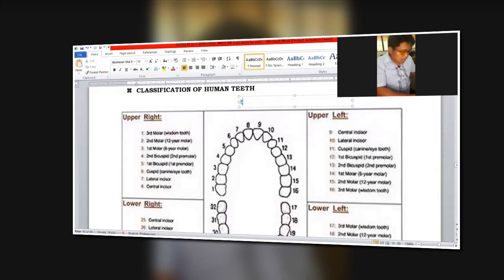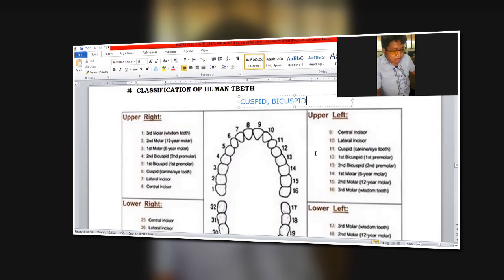Ito ang itsura ng cuspid yan. Cuspid, then bicuspid. Okay? Yan, so that alam nyo. Meron din dyang molar, alam nyo naman na meron sa taas. So ang cuspid is canine.